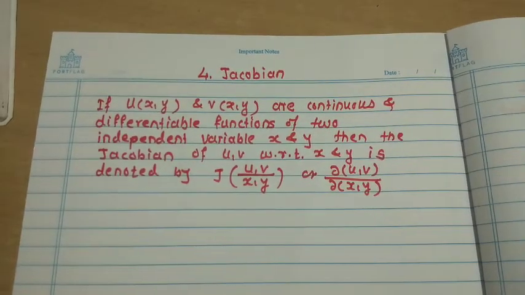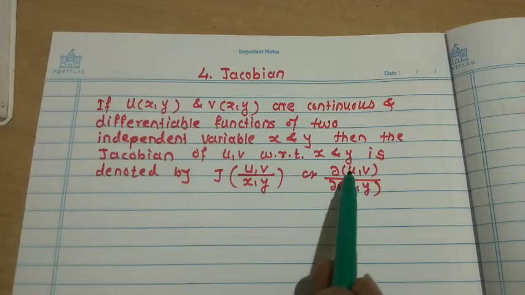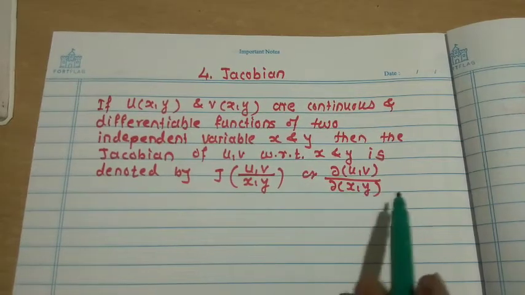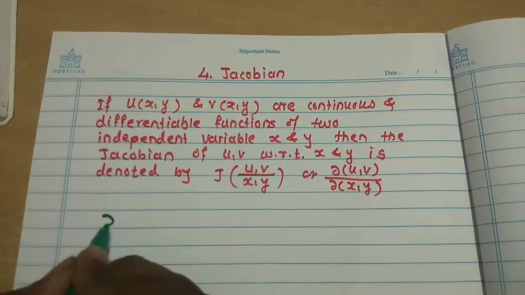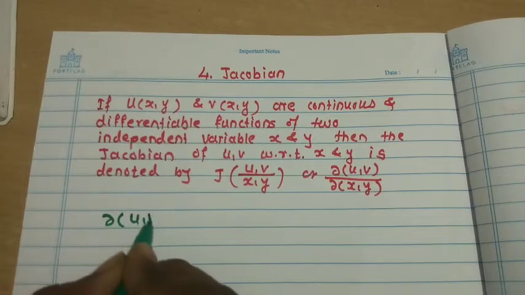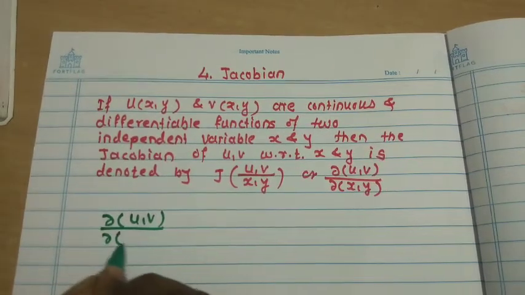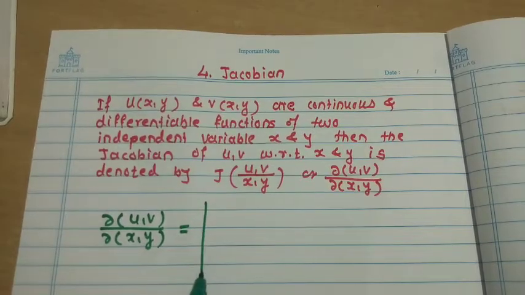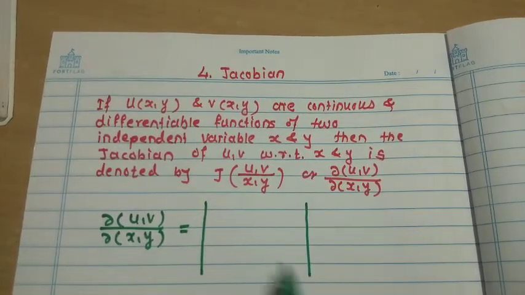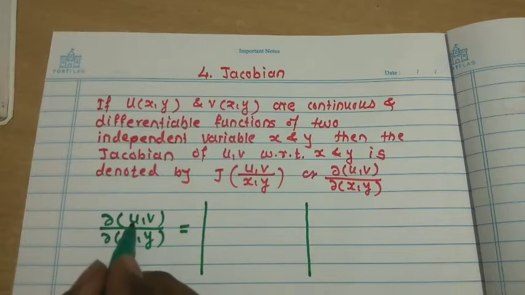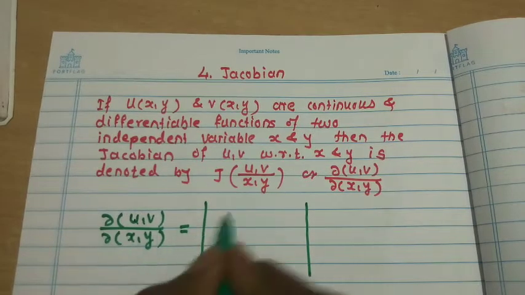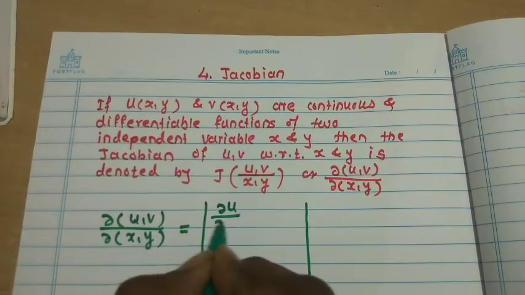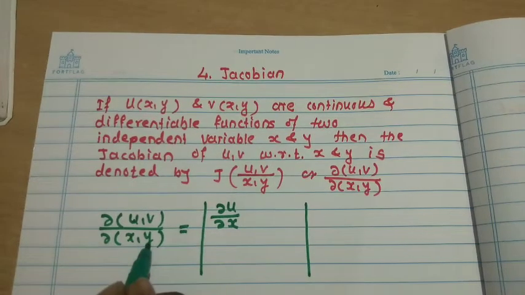The Jacobian del of u comma v by del of x comma y is given by del of u comma v upon del of x comma y is equal to determinant of, in first row we'll write del u by del x, del u by del y.